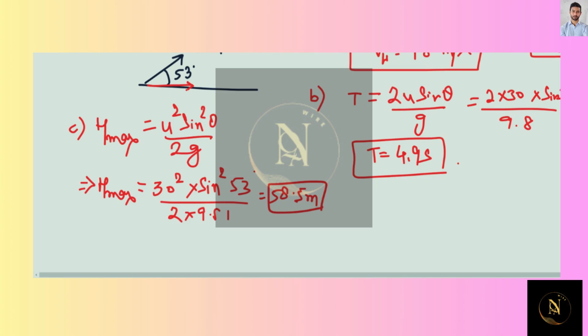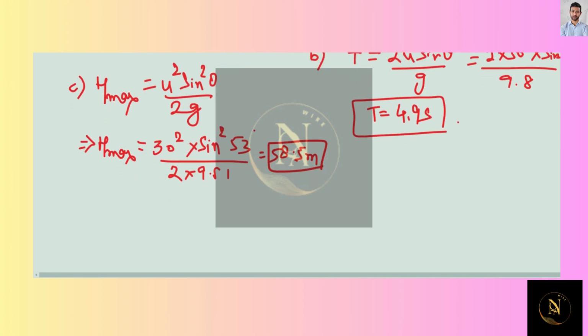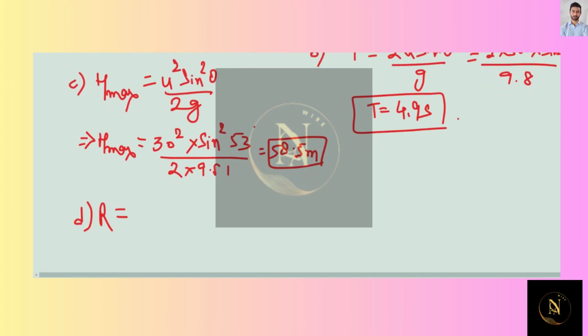And now we have to also figure out the horizontal range, which indicates the maximum distance this shell is able to land with respect to its firing position. So again, we're going to make use of the expression of the range, that's u square sine 2 theta over g. So that is 30 square times sine of 2 into 53, that's 106 degrees, divided by 9.81.